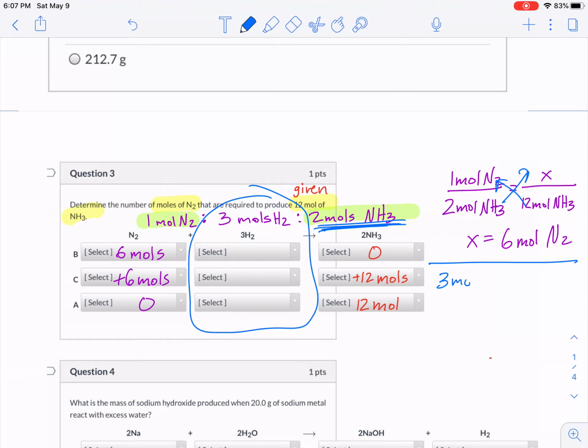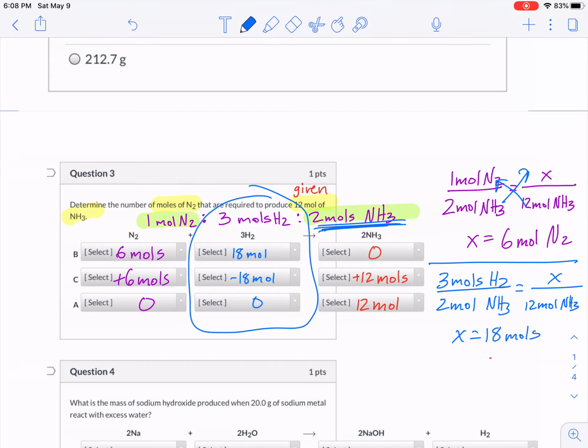We know that we have 3 moles of hydrogen gas needed to produce every 2 moles of ammonia. Again, we produce 12 moles of our product. Let's solve for x. All right, so 36 divided by 2, you can calculate that out. We need 18 moles of hydrogen gas for this reaction to occur. We'll use it all and be left with 0 of our reactants.